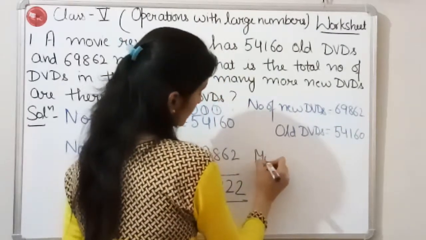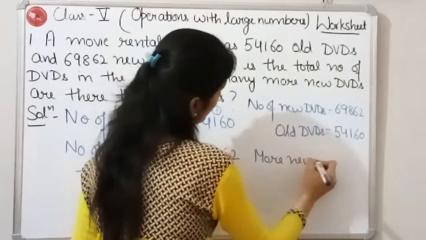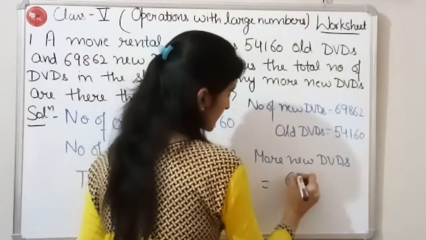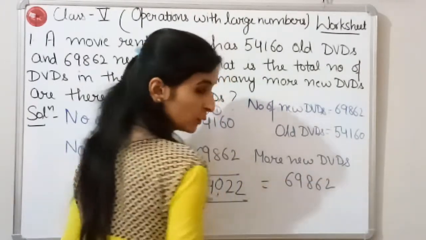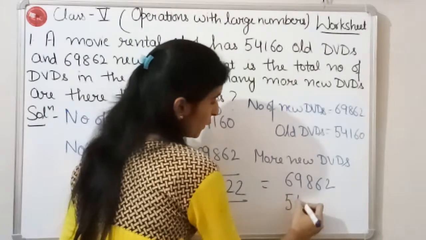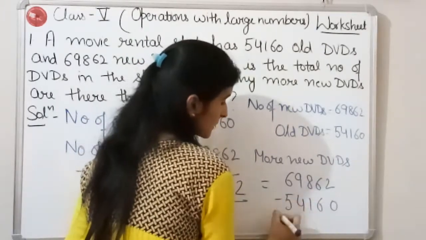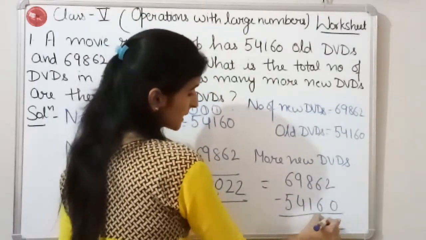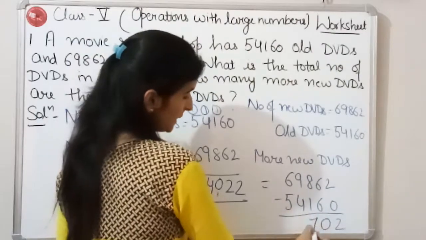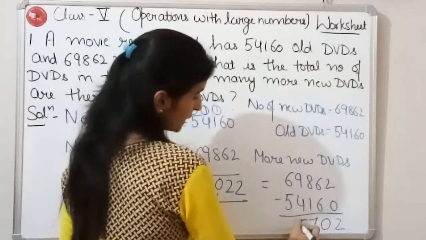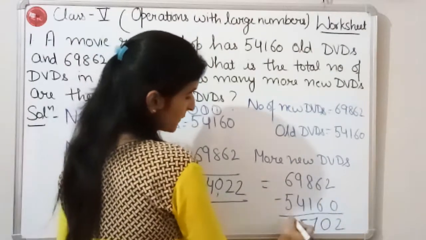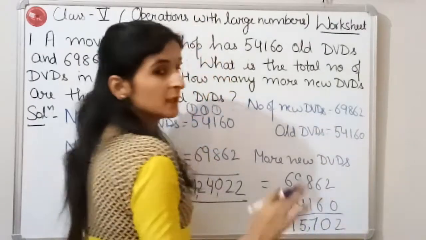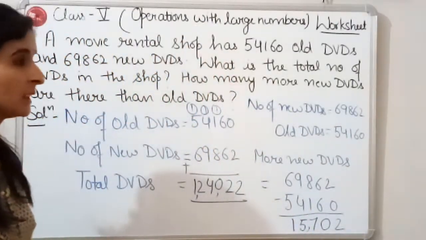So number of more new DVDs will be equal to 69,862 minus 54,160. So 2 minus 0 is 2, 6 minus 6 is 0, 8 minus 1 is 7, 9 minus 4 is 5, 6 minus 5 is 1. So it means 15,702 more new DVDs were there.